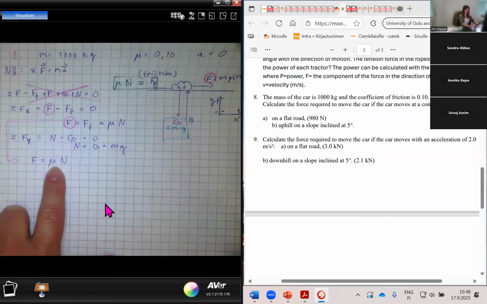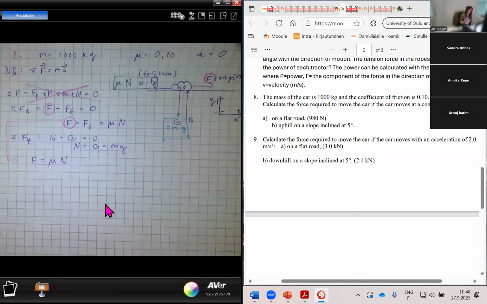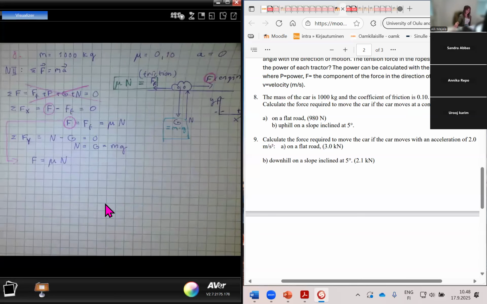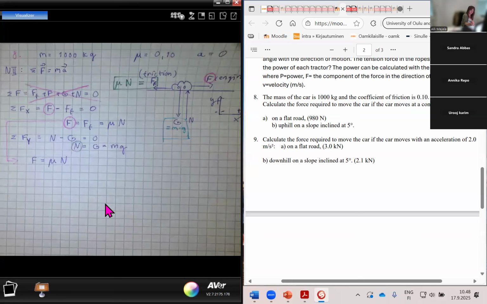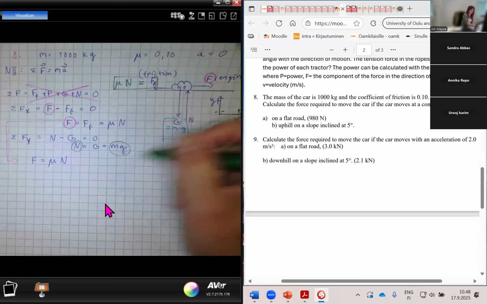The engine force is the same. Now what I figured out from the other equation is that the normal force is mg. Now I can put it there. So here I figured out that this is this, and I can put it there.